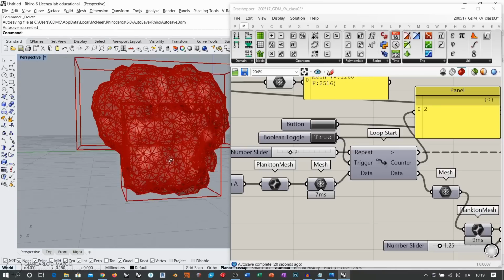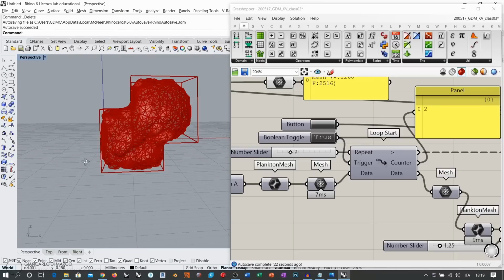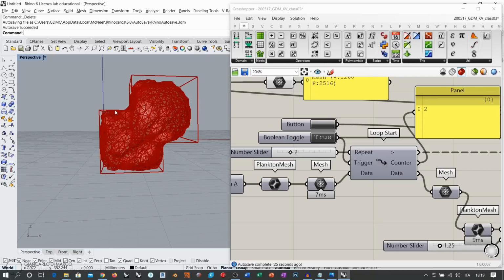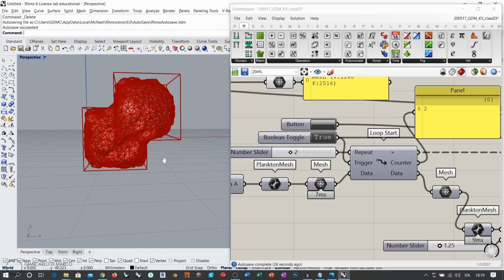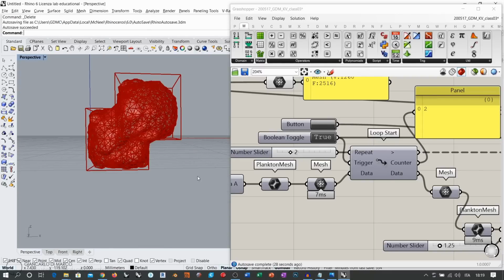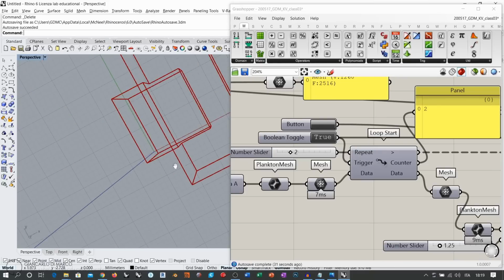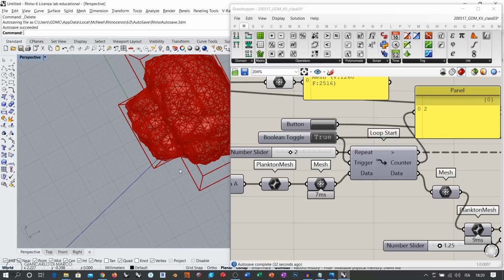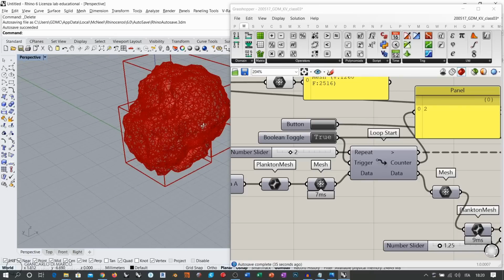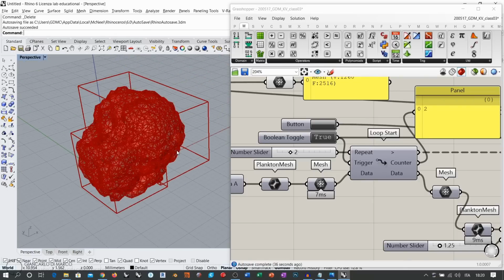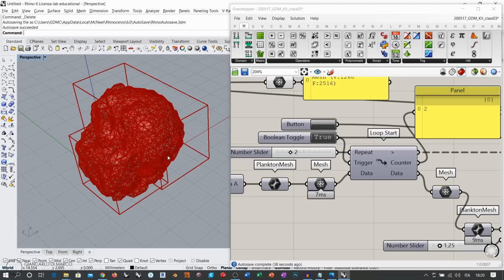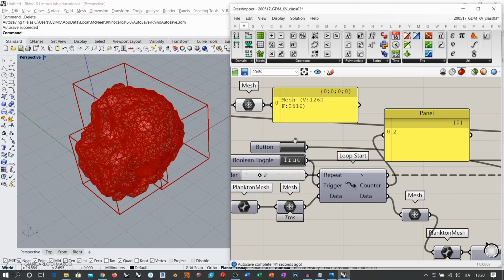So you see that this object is growing increasingly. We have a better representation of these corners here, as you can see, and also from the top viewport, here and here, the object is starting to turn around these corners.